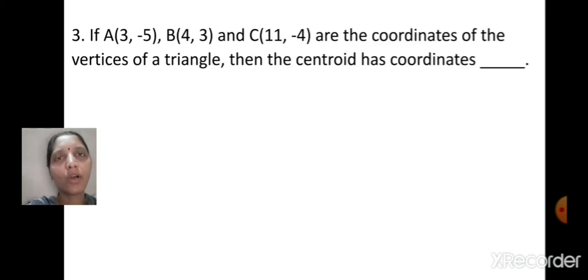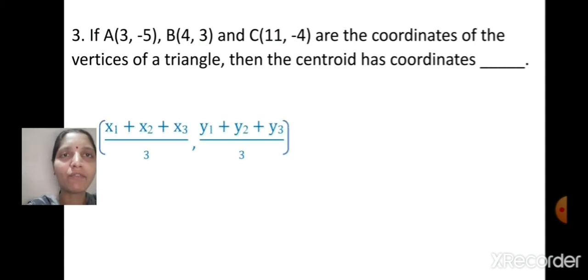If A has coordinates (3, -5), B has coordinates (4, 3), and C has coordinates (11, -4) as the vertices of a triangle, then the centroid has coordinates. Now we all know centroid means we need the 3 vertices of a triangle. Here the coordinates of the 3 vertices are given, and you have to find the coordinates of the centroid.